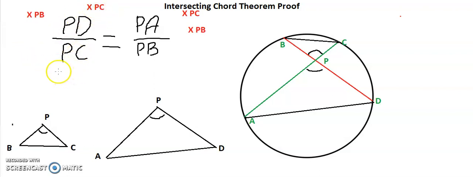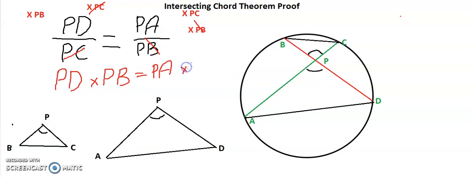So that leaves me with the equation PD. Now PD divided by PC times by PC cancels out, so I've got PD times PB, and that is equal to, this cancels out, PA times PC. So this intersecting chord theorem relates straight back to your understanding of scale factor.